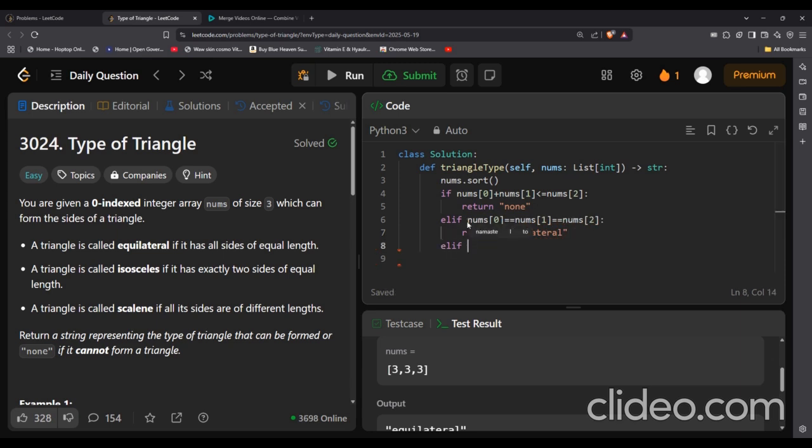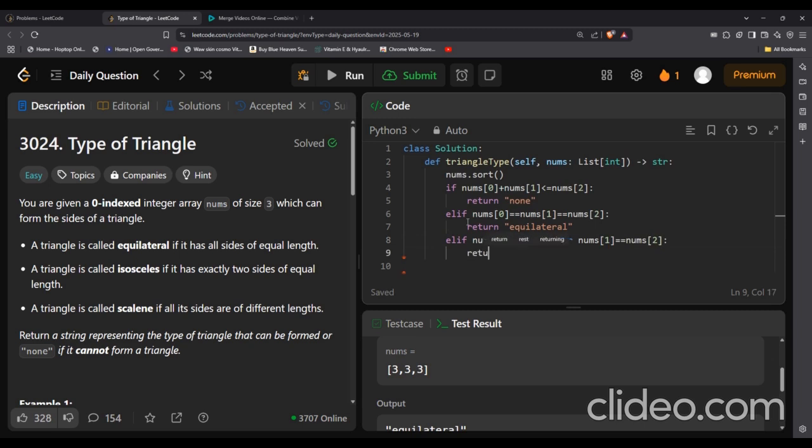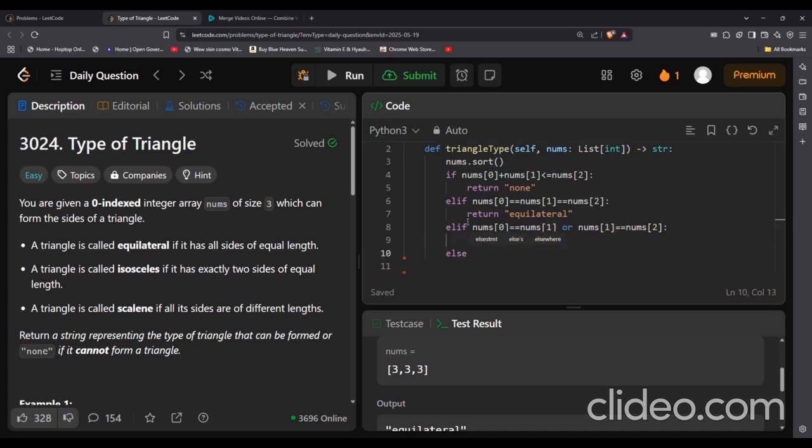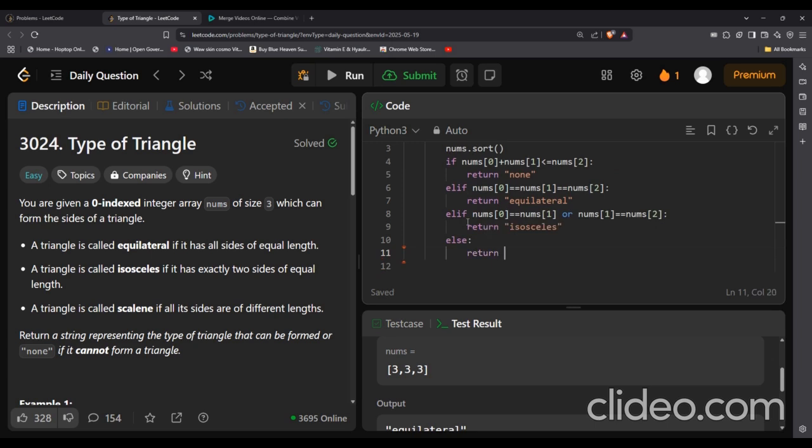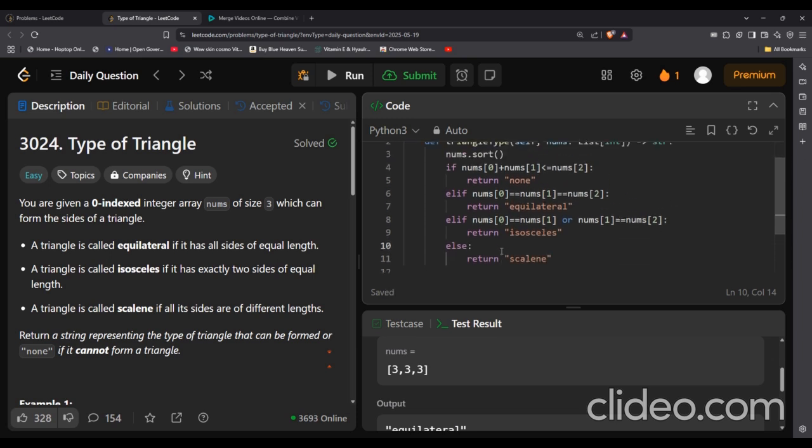If at least two sides are equal, nums of 0 equals nums of 1, or nums of 1 equals nums of 2, what have we written? At least two sides are equal. Then it is isosceles, right? Else you return what? What is left? Scalene, right? You understand what I'm saying?